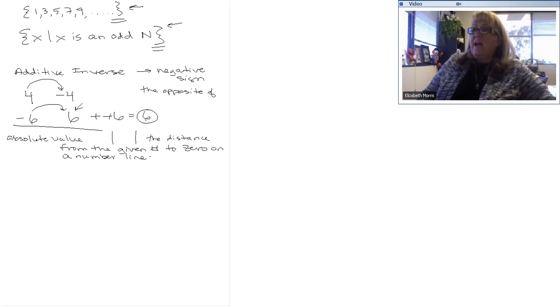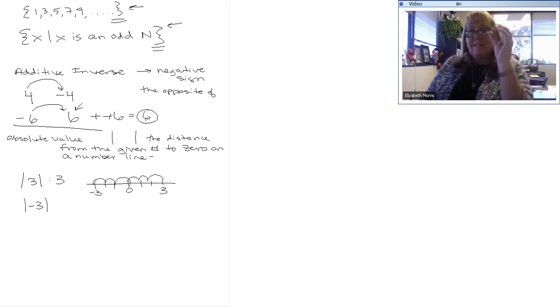So if I said, what's the absolute value of 3? What I'm saying is, here's 0, here's 3. 1, 2, 3. Its distance from 0 is 3. What's the absolute value of -3? Well, it's still 1, 2, 3. +3. It's a distance, so it's always going to be a positive answer. Always. Okay?